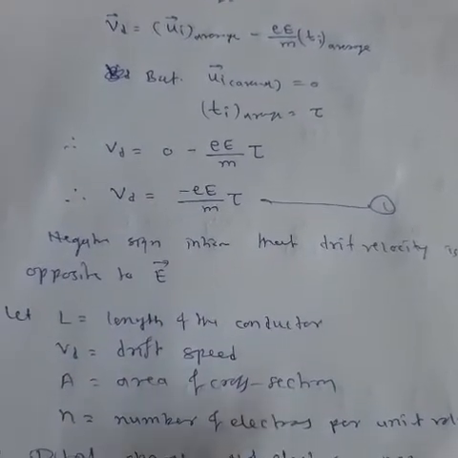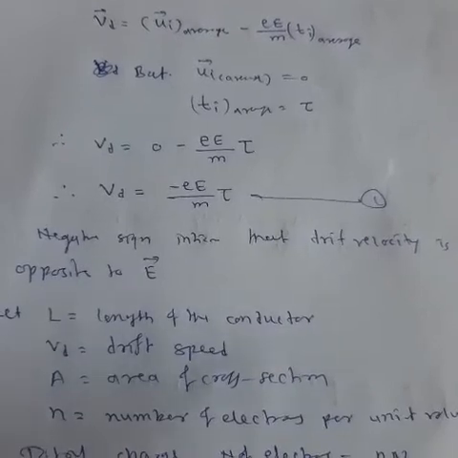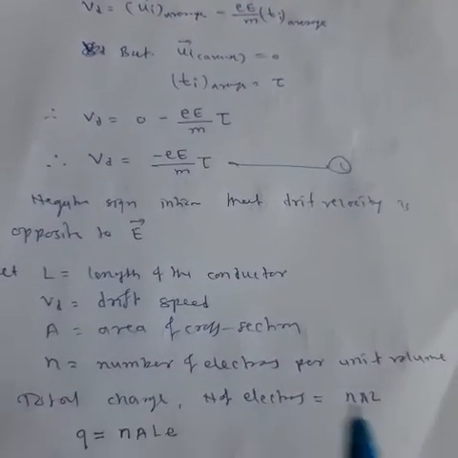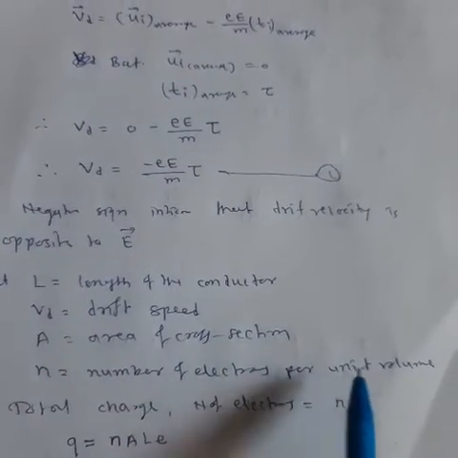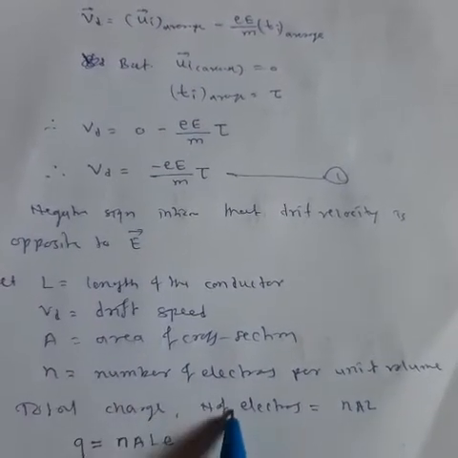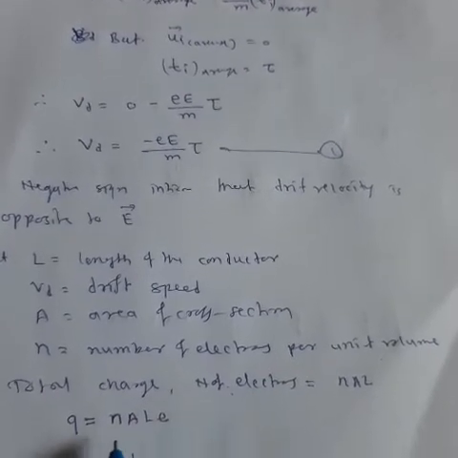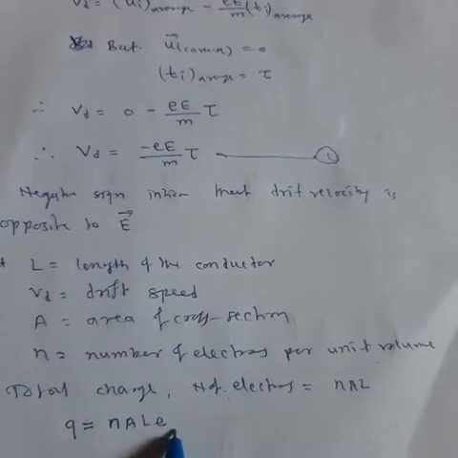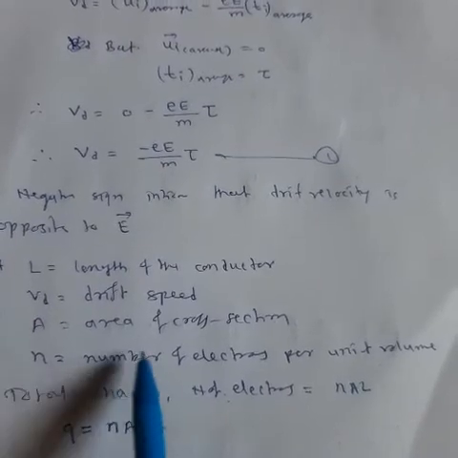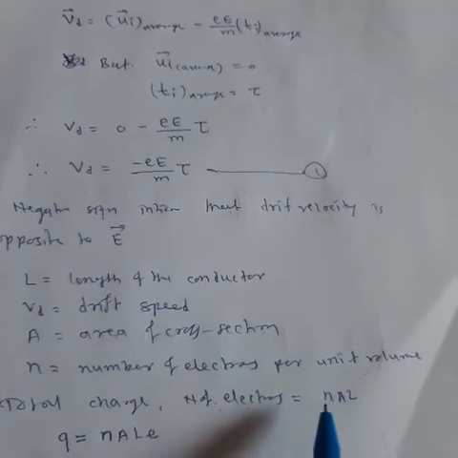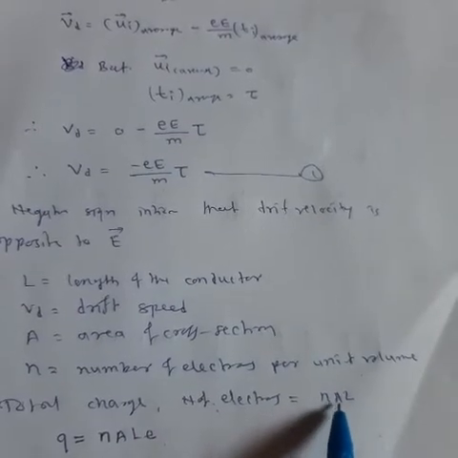Let L be the length of the conductor, vd be the drift speed, A the area of cross section, and n the number of electrons per unit volume. Total charge is given by Q is equal to nALe, because n is the number of electrons per unit volume. Therefore, total number of electrons in a volume A into L is nAL.